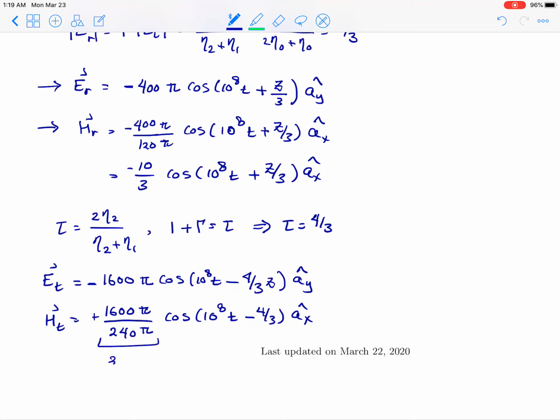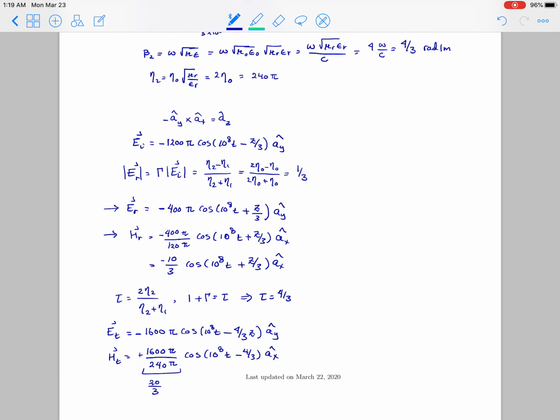And if we simplify the magnetic field, we will get 20 divided by 3.